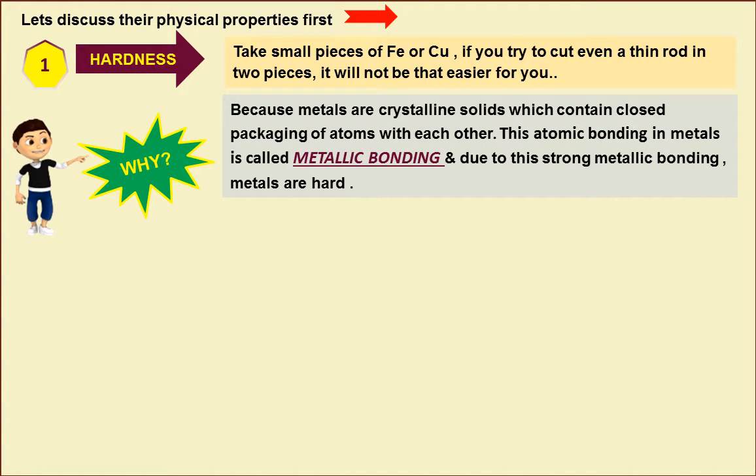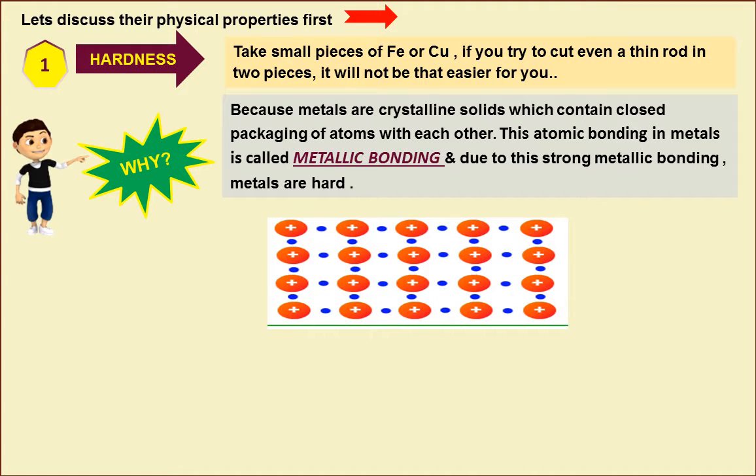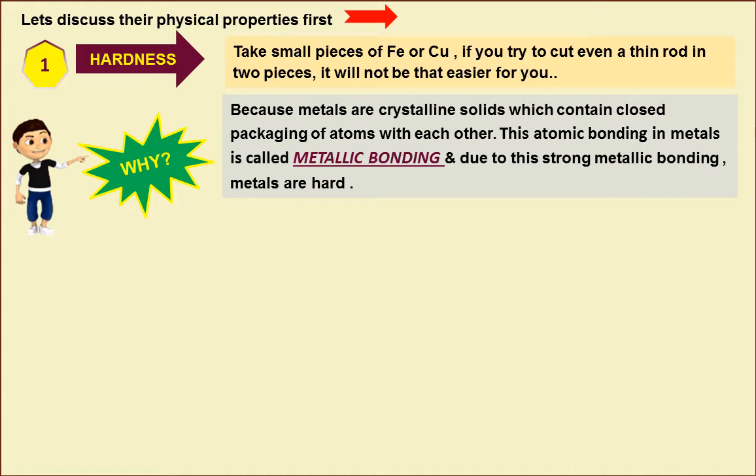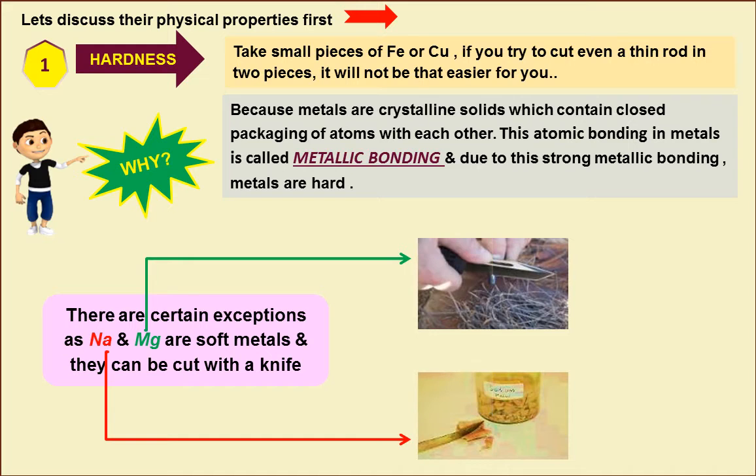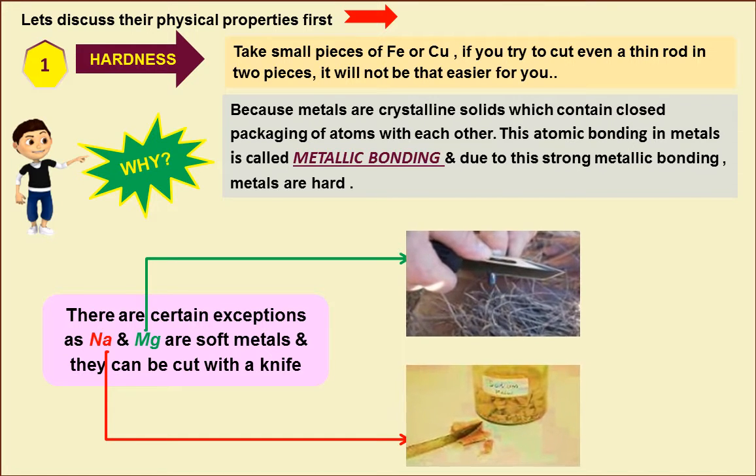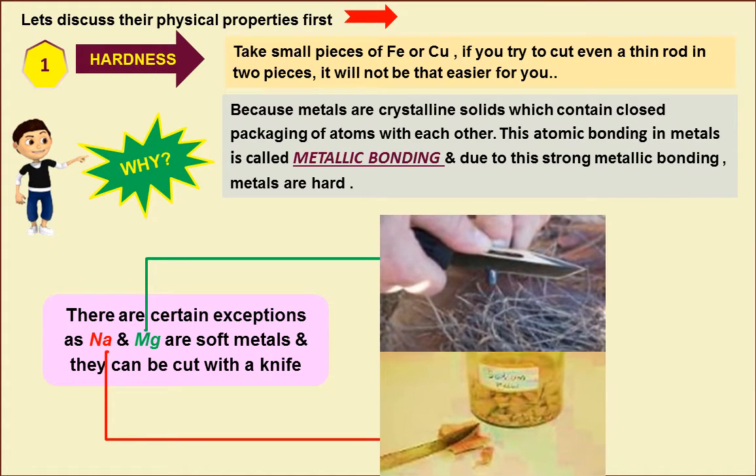This atomic bonding in metals is called metallic bonding. And due to this strong metallic bonding, metals are very hard, and this hardness varies from metal to metal. But there are certain exceptions also, for example sodium and magnesium, which are exceptionally soft metals and can be cut with a knife.